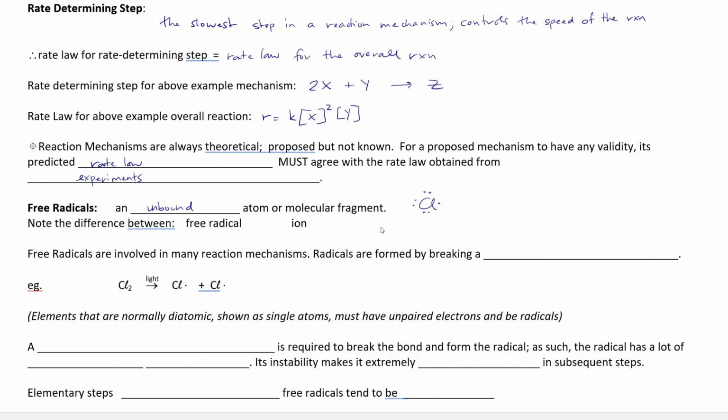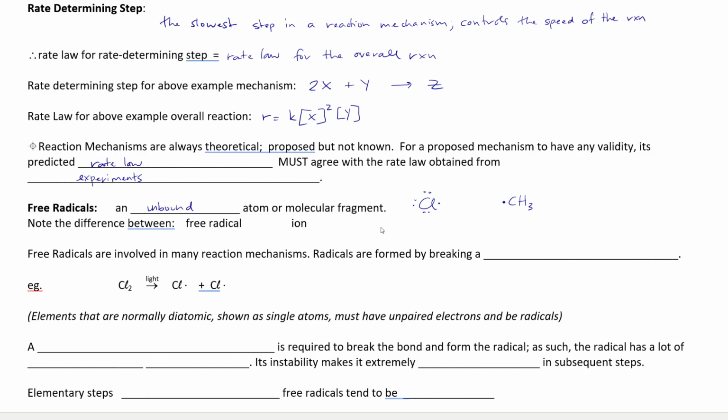When I say molecular fragment, we can also have something like CH3, and you could have basically an electron here, which means that, as you can see, carbon hasn't fulfilled its bonding capacity, and so it still has one electron that it needs to pair up with something. So that would be a molecular fragment that is a free radical.